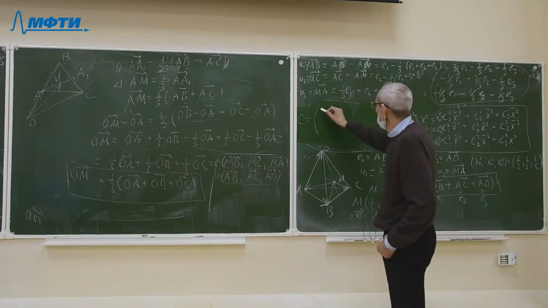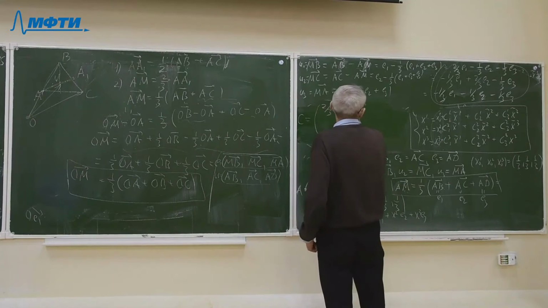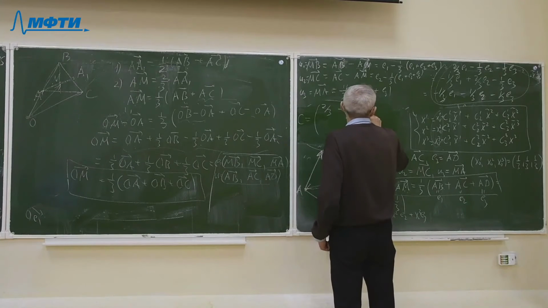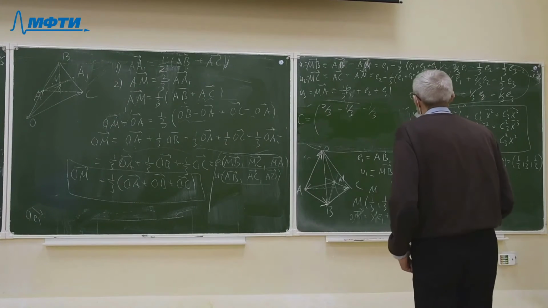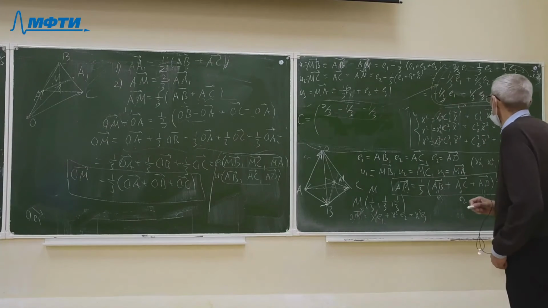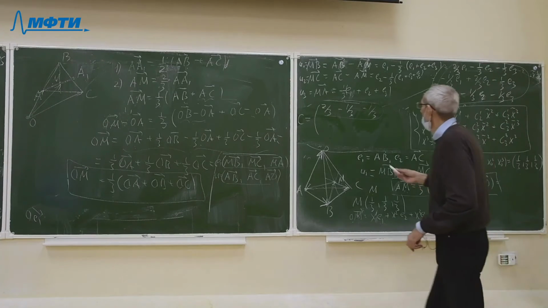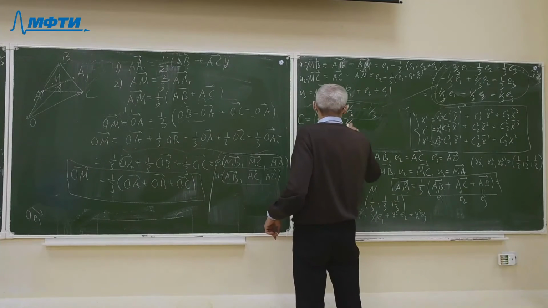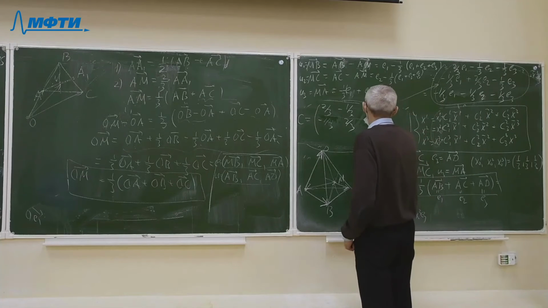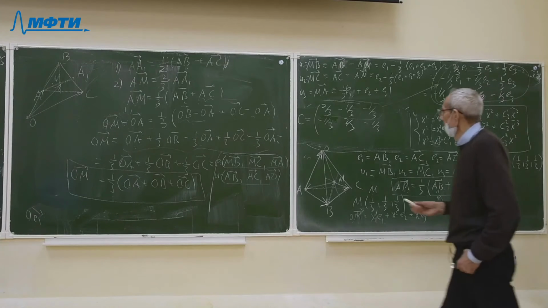We must write them as the first row: 2/3, minus 1/3, minus 1/3. This row is exactly equal to these columns.